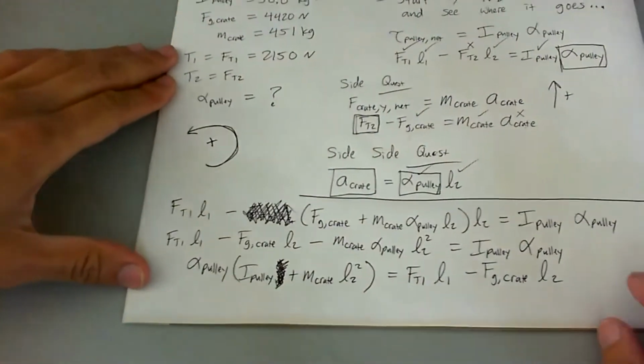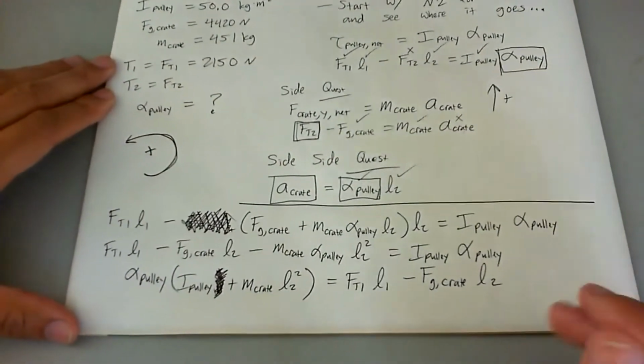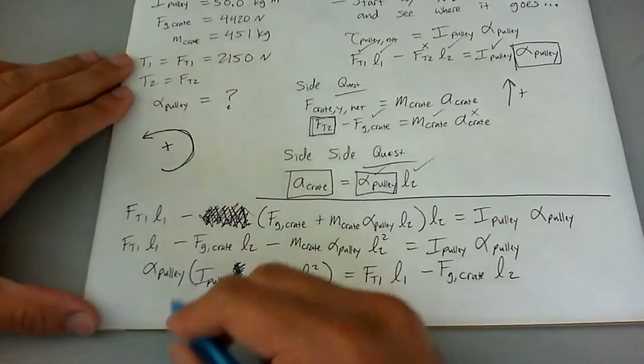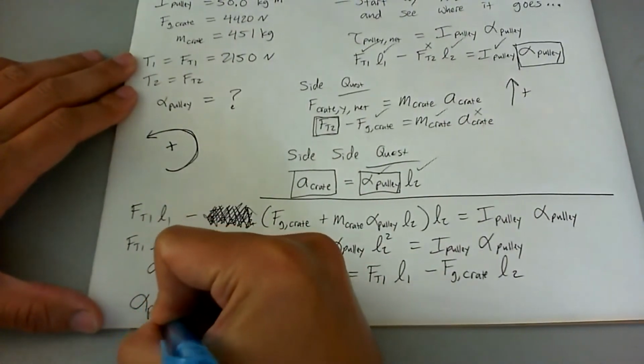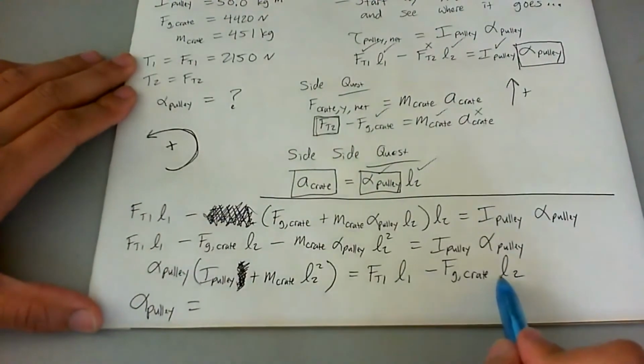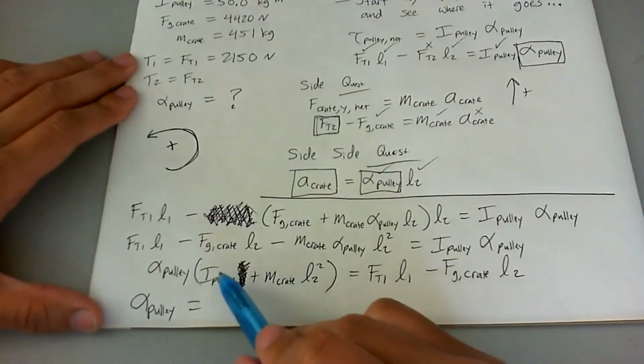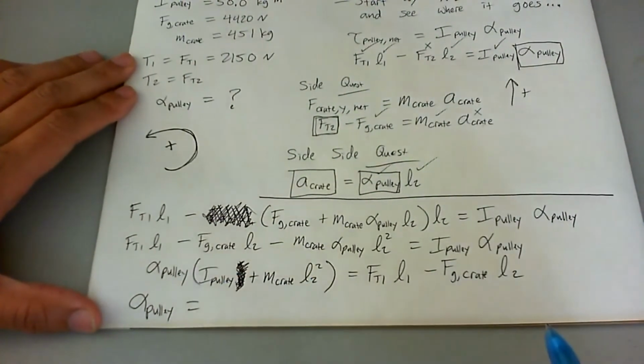And with the space I have left on the paper, let's try to get alpha as one universal term. So alpha pulley is now going to equal this thing divided by this thing right here inside the parentheses.